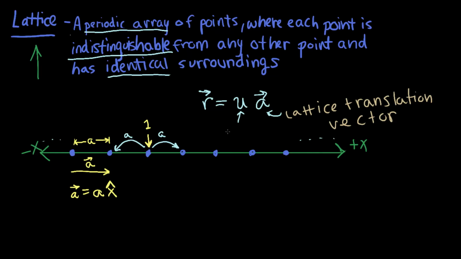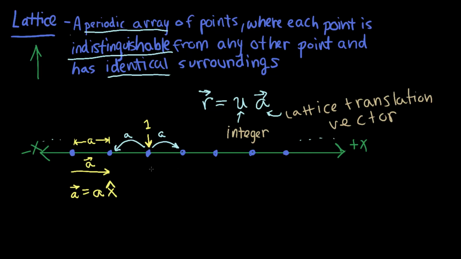U is an integer. U could be any integer, and if we were standing on point 1, this vector r will land us on another point on the lattice.